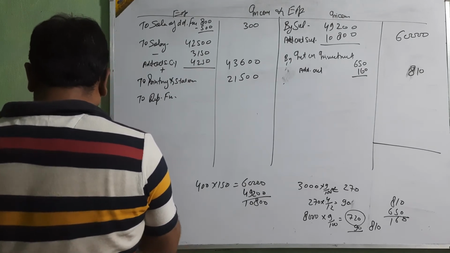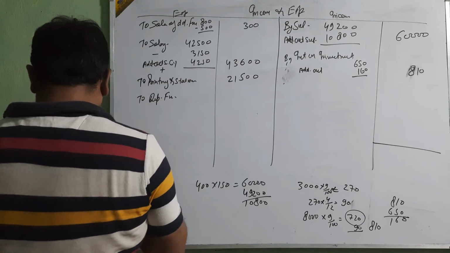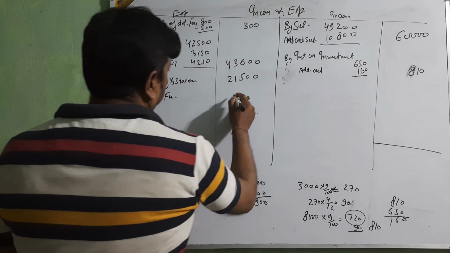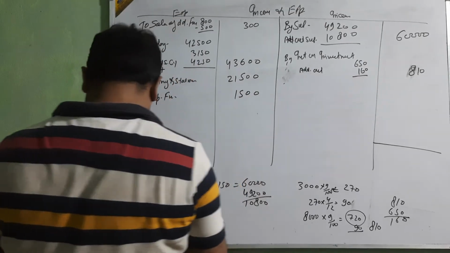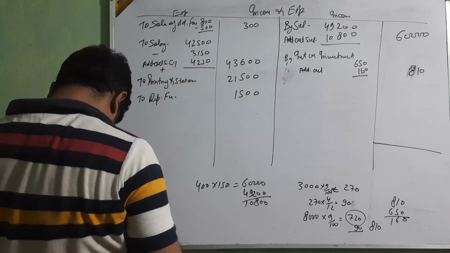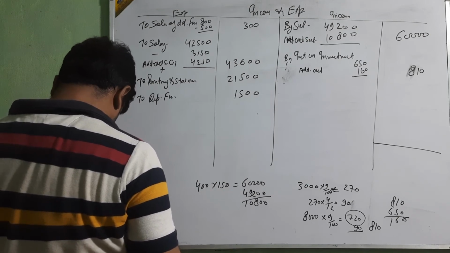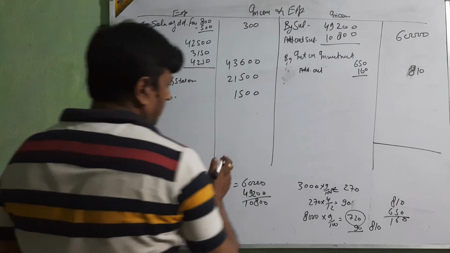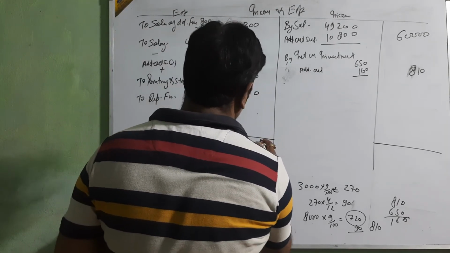Outside any furniture, beta? 10% furniture depreciation only on furniture. 1,500. Any other things? 15%. Nothing. Okay. Nothing else? Then go for totaling.